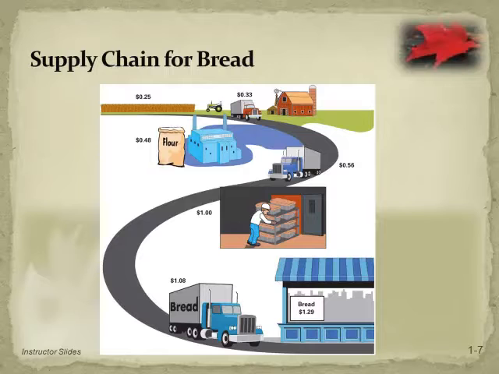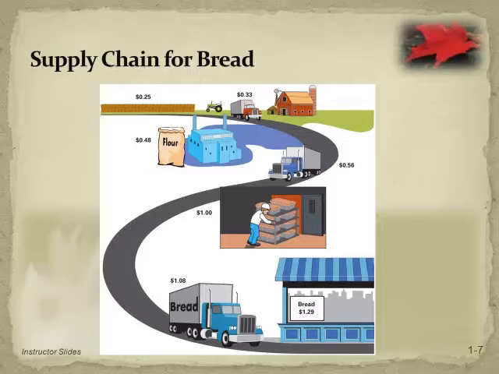Here's an example of a supply chain with something that we can all relate to, and that would be bread, a loaf of bread that you would buy at a grocery store. If you look at the top of the slide, you'll see that the supply chain begins with a farmer who is going to be producing and harvesting the wheat that the bread will eventually be made from.